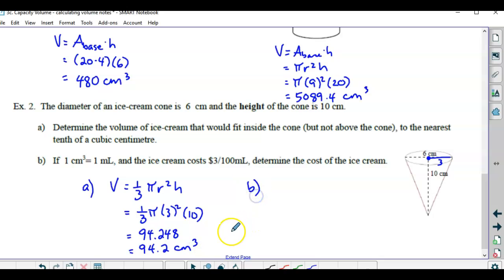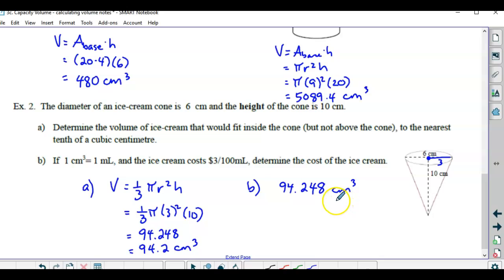And then B, it says if 1 centimeter cubed equals 1 milliliter and ice cream costs $3 per 100 milliliters, determine the cost of the ice cream. So here we're going to keep that value to 3 decimal places. It's more accurate. So that is centimeters cubed, okay?